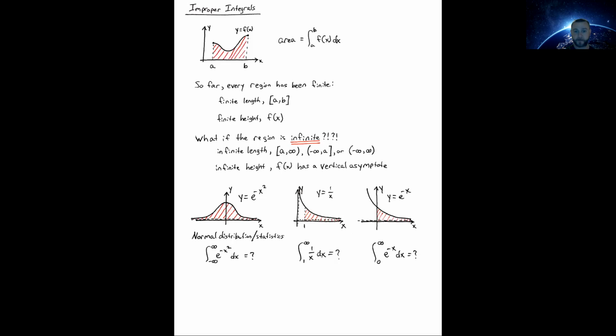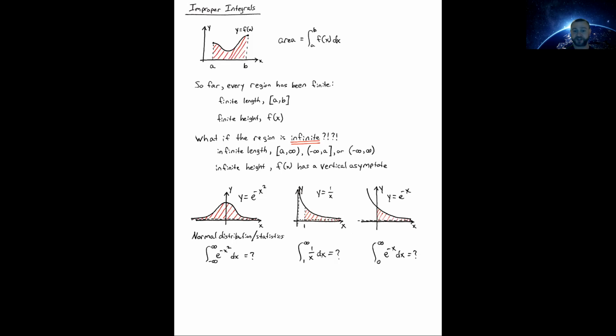Now, there are two more there, the graphs of 1 over x and the graph of e to the negative x. And we might ask for 1 over x, what is the integral from 1 to infinity? And for e to the negative x, what is the integral from 0 to infinity? Now, the reason why you might want to have some mathematical tools available is notice how I sketched each of those by hand.